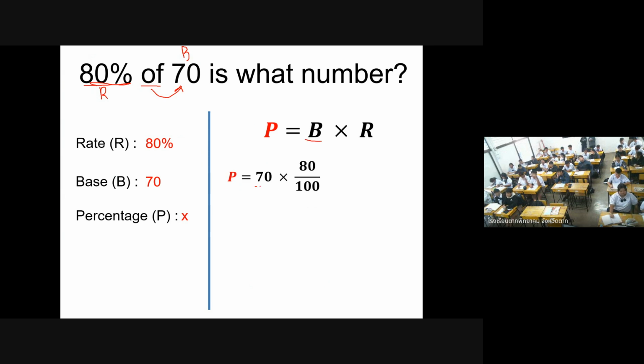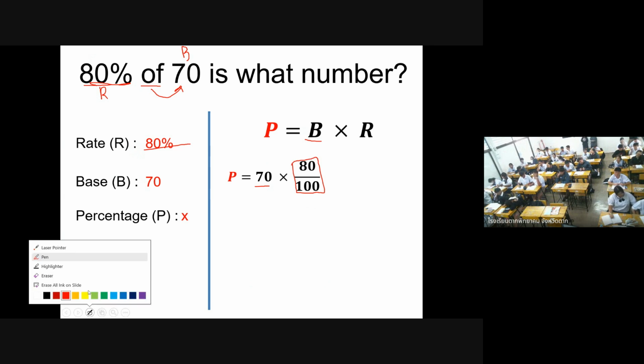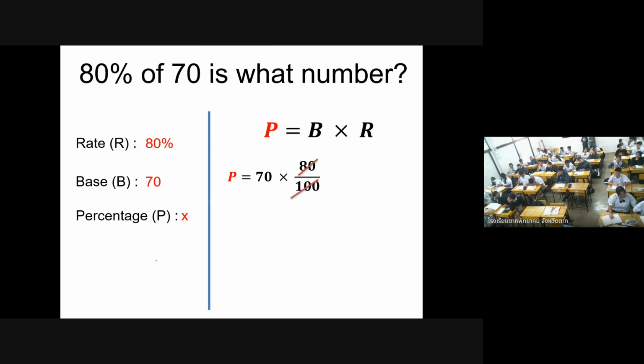The base is 70. Now the rate is in percent, but again if we're looking for the base and the percentage, we don't need the percent sign, meaning we're going to translate it into a fraction. 80 over 100 becomes 4 over 5.